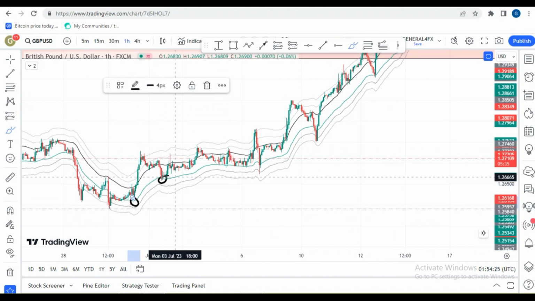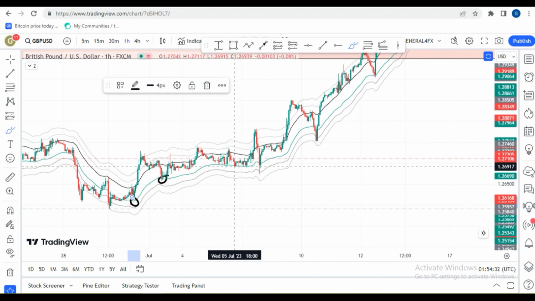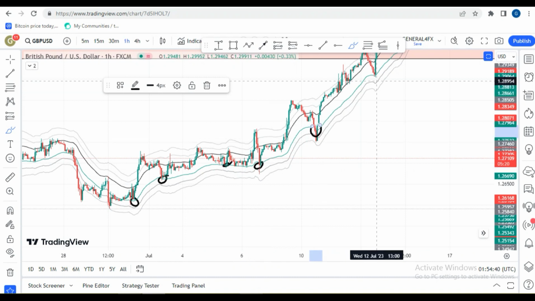And of course, you only want to be using it on an uptrend market, as you can see, touching my negative one area here, sloping up to the upside.